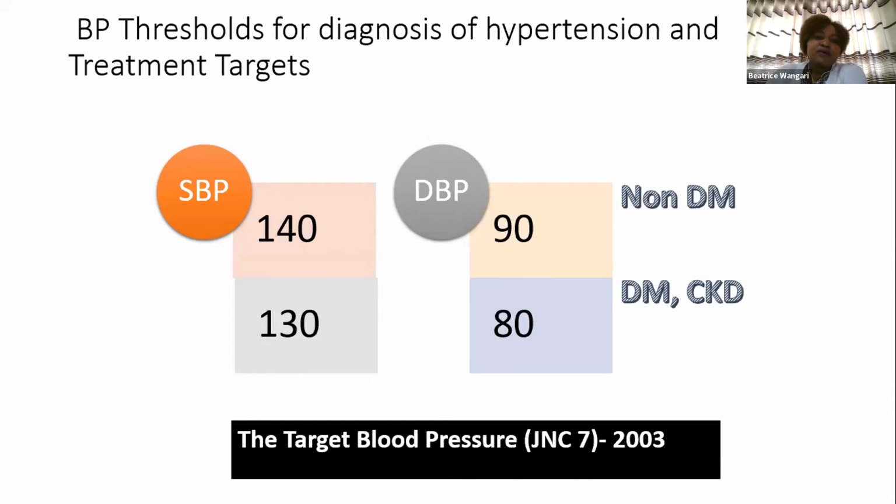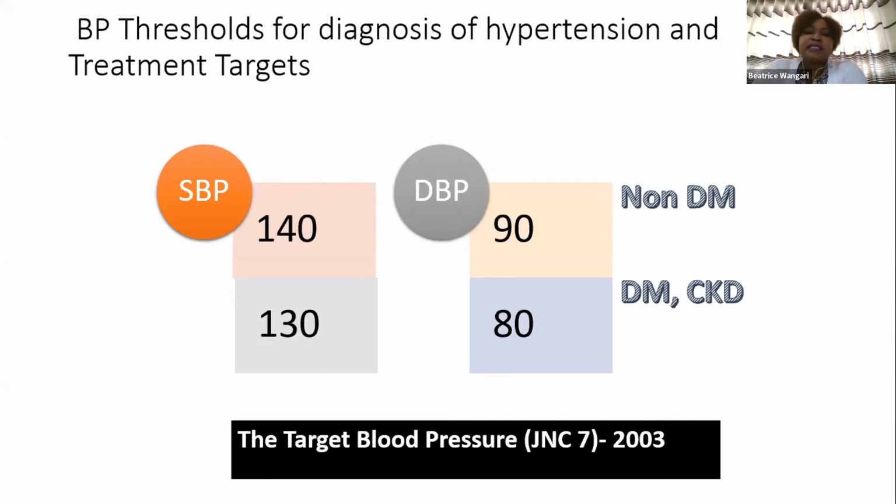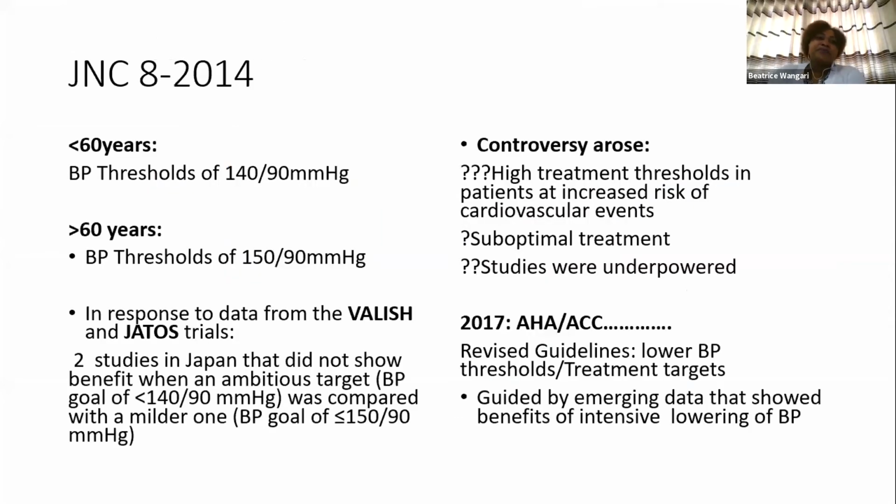Earlier on, almost 2 decades ago, we had the JNC7 in 2003, which basically gave us the thresholds of, in non-diabetic, non-CKD patients, 140 systolic and 90 diastolic, and in diabetic patients and CKD patients, cutoffs of 130/80.